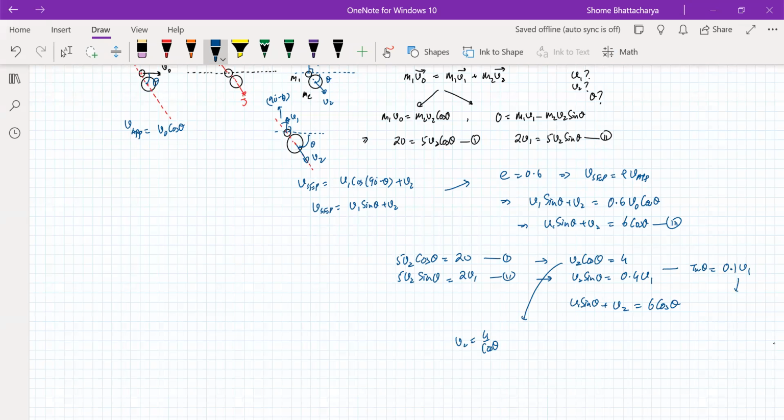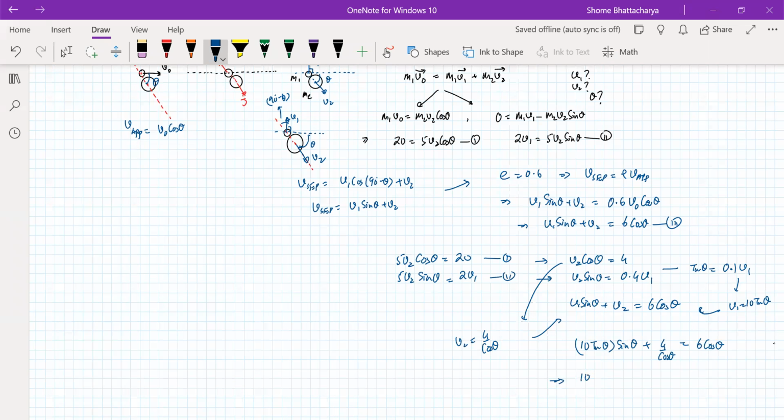And from this, we can substitute v1 as 10 tan theta in this equation. So we'll directly solve for theta. So v1 is, sorry, 10 tan theta. So 10 tan theta into sin theta plus v2, which is 4 by cos theta, is equal to 6 cos theta. So let's see what this equation gives us.